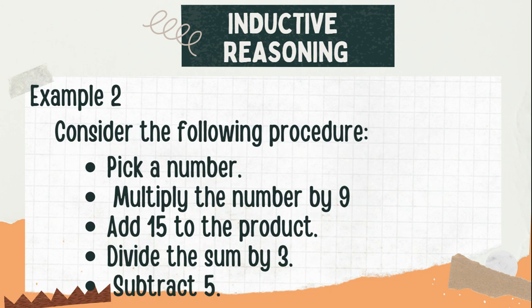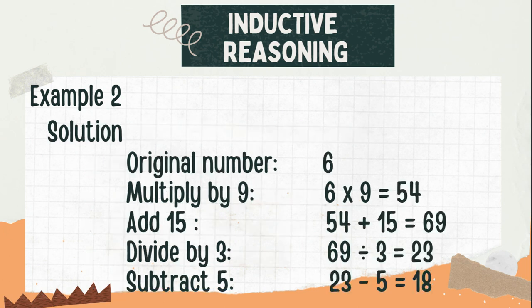Consider example 2. Consider the following procedure. Pick a number, multiply the number by 9, add 15, then divide the sum by 3, and subtract by 5. Okay, so example 2, solution, original number is 6.